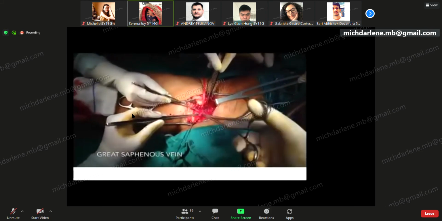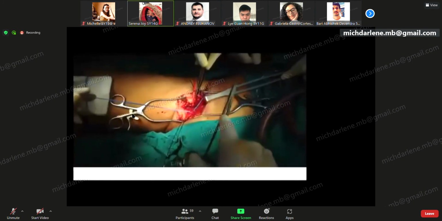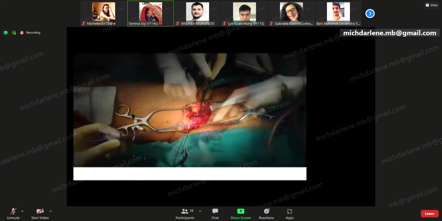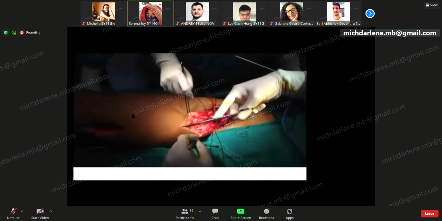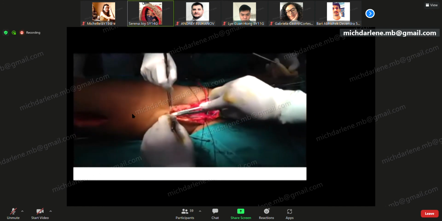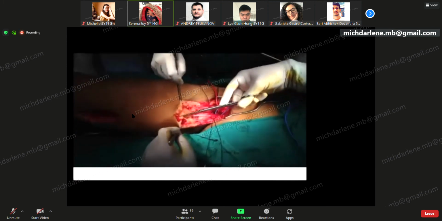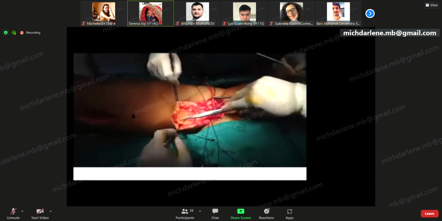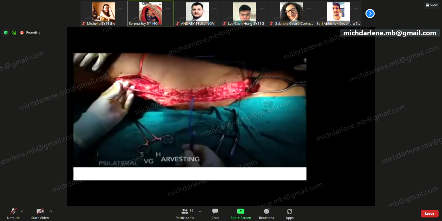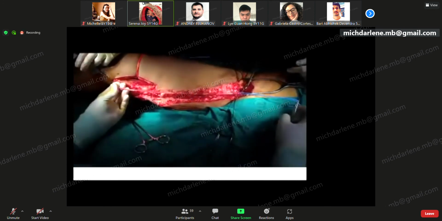This is the great saphenous vein. We have an autotransplant.